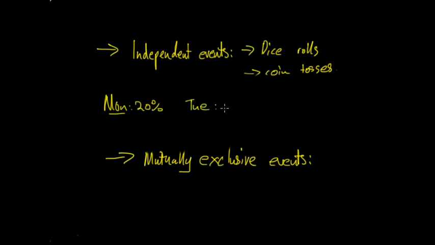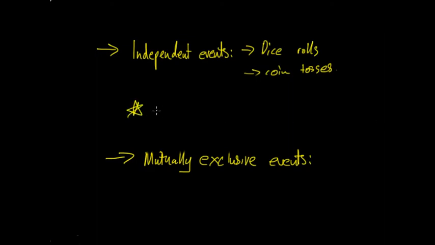Well, it could be 20% if it doesn't rain on Monday. But if it does rain, Tuesday could go up all the way to 50%, for example. So there are later questions in which you have these changing events that are not independent, and we work out the probability. But for independent, think about it like dice rolls and coin tosses.